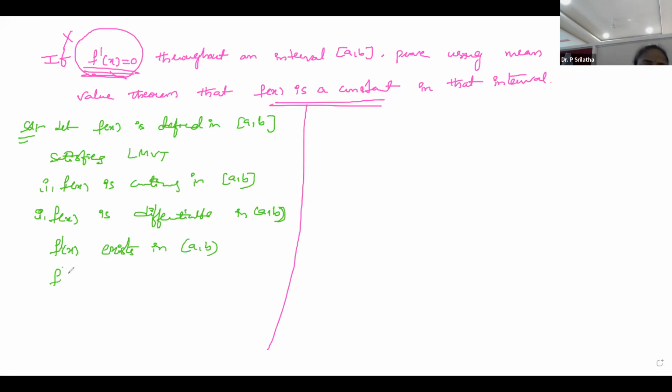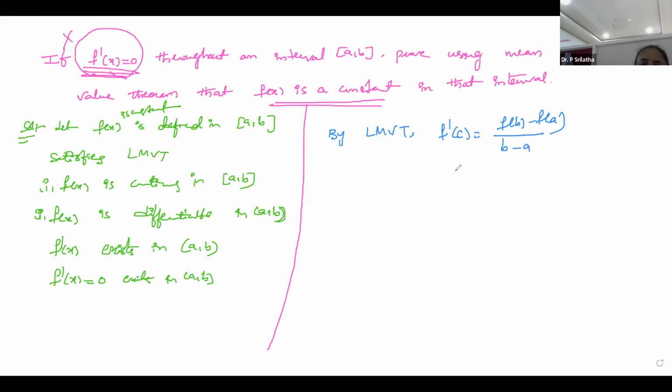Okay, so here we know that f of x is a constant, right? Let f of x be a constant means constant differentiation is 0, so that exists in open interval a comma b. So by Lagrange's mean value theorem, what is the formula? F dash of c equal to f of b minus f of a divided by b minus a.